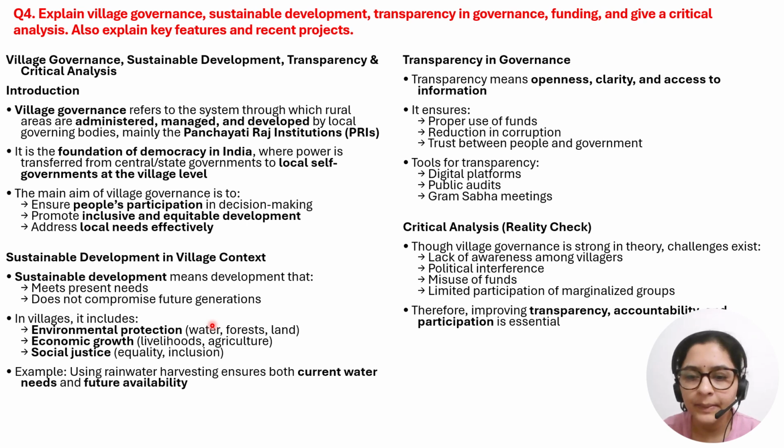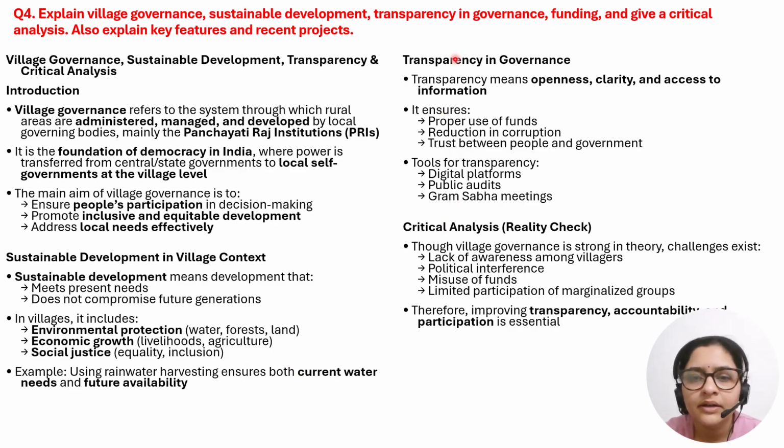So keeping the future needs in mind, it will solve the present needs. In villages, it includes environmental protection, economic growth, and social justice. All of them, the future is equally important with the present. Example, using rainwater harvesting ensures both current water needs and future availability.